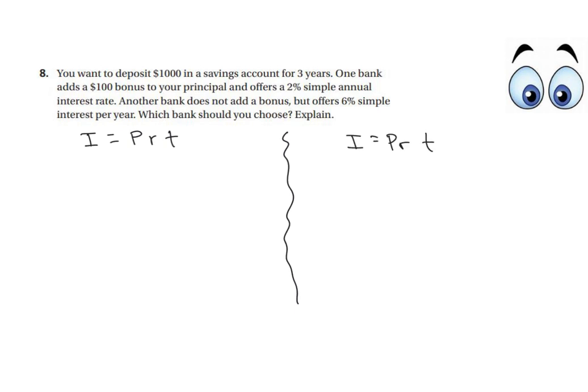And then let's look at the fact that it doesn't matter, we're going to deposit $1,000. Bank 1 adds a $100 bonus to your principal and offers 2% simple interest. So the rate is going to be 0.02. Years is 3, and they're going to add $100.